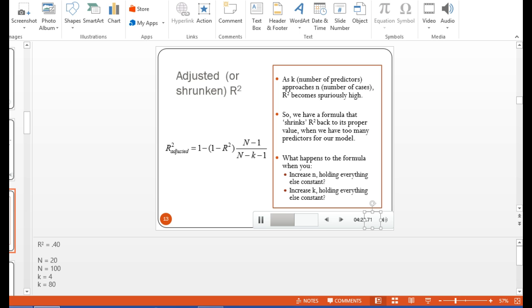Remember the idea that when we increase k, we're also lessening the chance that our F statistic will be significant. So all these factors are playing the same role that we've seen before. It's a similar pattern. When we have too many k, we're going to lessen the chance of finding a significant F test, and we will artificially inflate our R-squared.